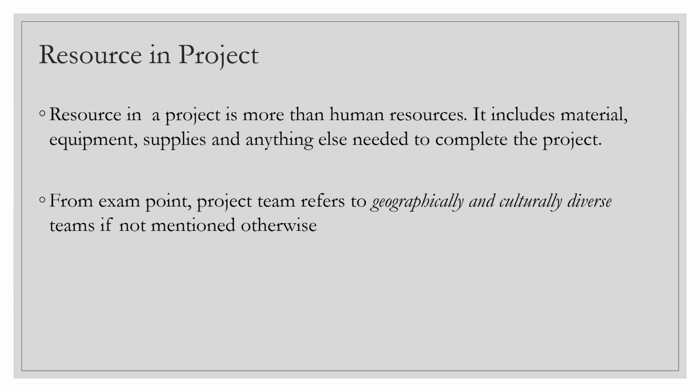Anything which is needed to complete the project is basically a resource. It can be software, hardware, anything, and your people in the team to ensure that your project is being completed. Now, when we talk about teams, we are going to talk about a lot of team stuff here, right? Resource management in the PMP exam will revolve only around teams, okay?